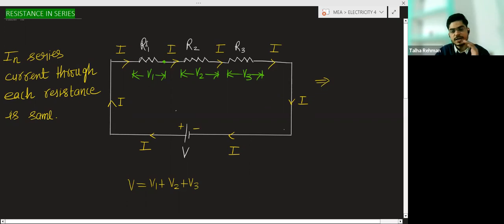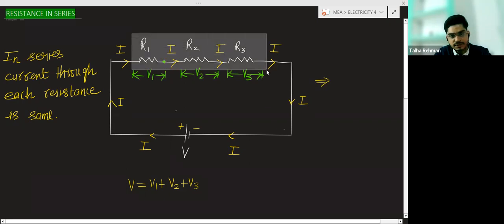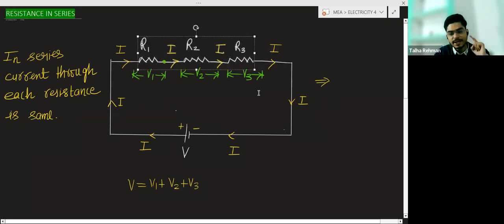We have taken three resistances. Now I am removing these three resistances and connecting an equivalent resistance of these three resistances.